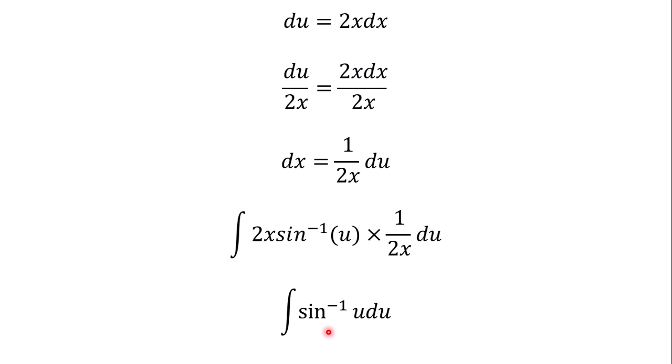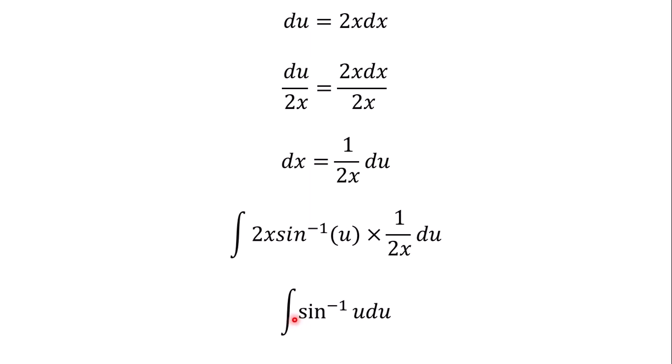So here we are going to use the DI method to solve this one. But with the DI method, there has to be two things. Here we are only having sine inverse of u. Though it's only sine inverse of u, we will consider the coefficient of sine inverse of u, which is the 1.